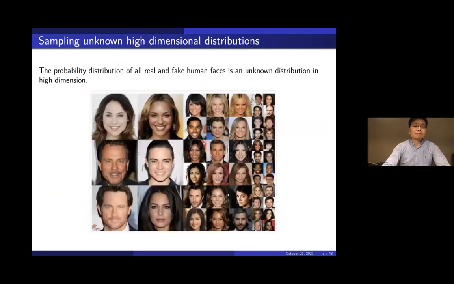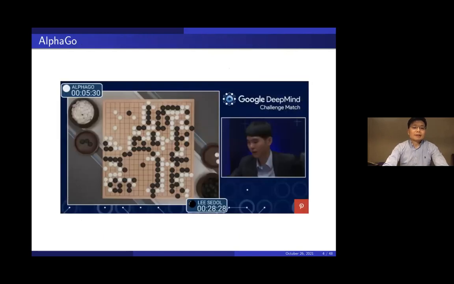The second example, you are seeing pictures of human faces, very high quality pictures. But all these pictures of human faces are fake, and they're generated by a machine learning algorithm. What's amazing is that they look really realistic. The third example is AlphaGo.